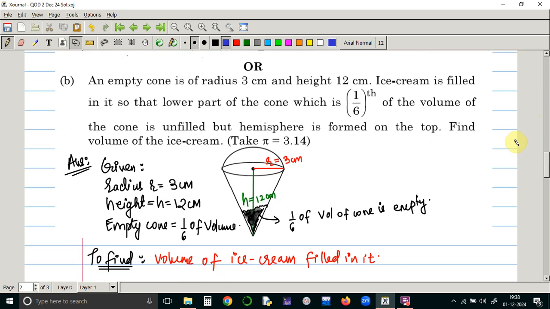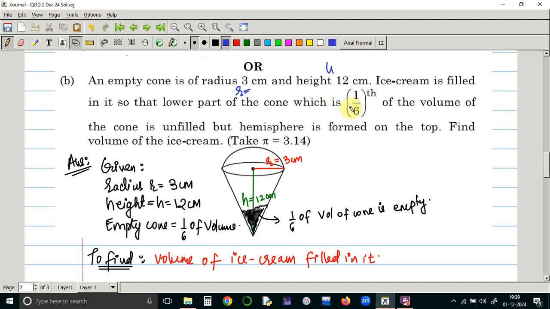So the OR part of the same question is: an empty cone is of radius 3 centimeter and height 12 centimeters. So the height is 12 centimeters and the base radius is 3 centimeters, and then it is filled with ice cream in it so that the lower part of the cone is empty.